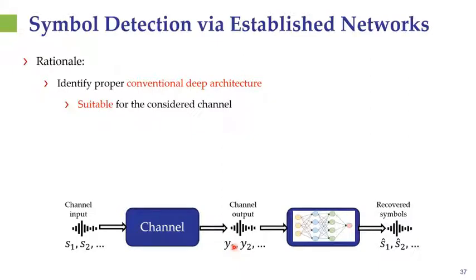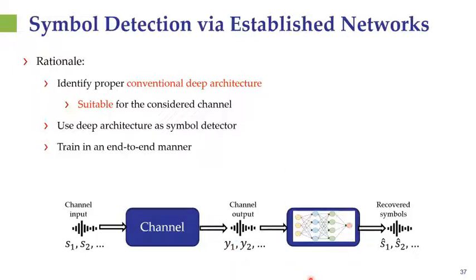So the rationale here is to identify what deep architecture is suitable for the considered channel, which deep architecture can carry out symbol detection reliably for the considered case. Once we identify this architecture, we just need to use it as a symbol detector and simply train the whole thing in an end-to-end manner. And hopefully, by showing this deep architecture a sufficient amount of labeled pairs of channel outputs and the corresponding symbols, the resulting deep symbol detector should be able to carry out inference reliably.